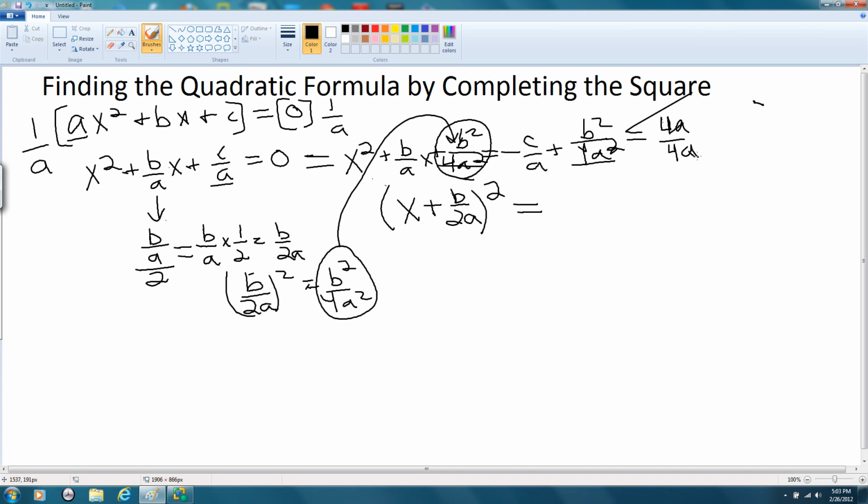And remember, that's times the opposite of c over a, plus b squared over 4a squared. The reason we did that is that we can get a common denominator for both of these, 4a squared.